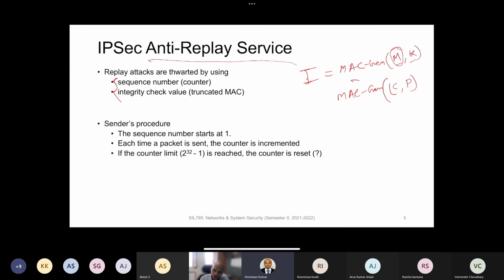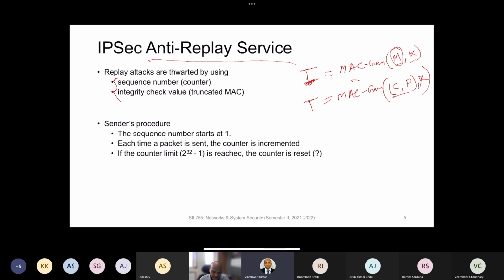And then we also have a counter. So the message consists of two things, a counter and the packet content. And then of course we will have a key. So this message does not correspond to just the payload, but also the headers and also the counter, and that is what is utilized to generate the authentication tag.